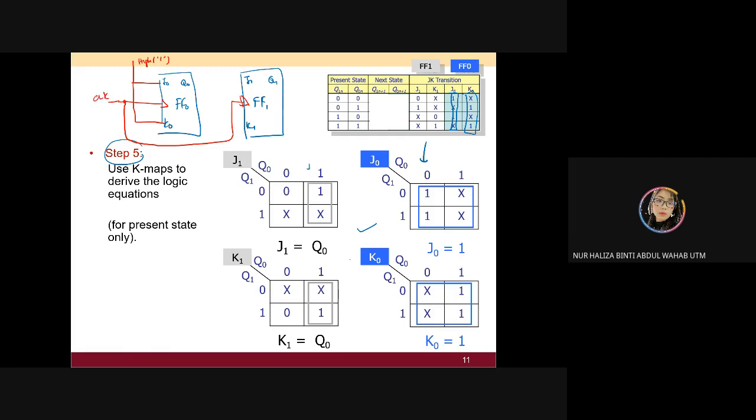After that, I have here J1 connected to my Q0. K1 is connected to my Q0 also. So this is my 2-bit synchronous counter. So I'm done with this.